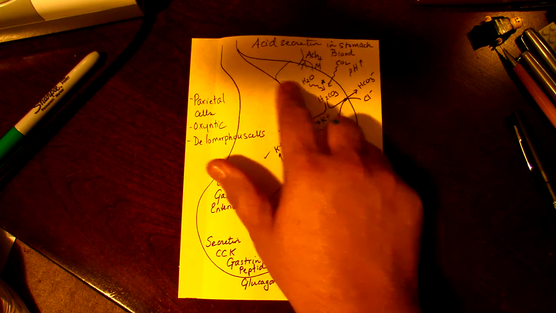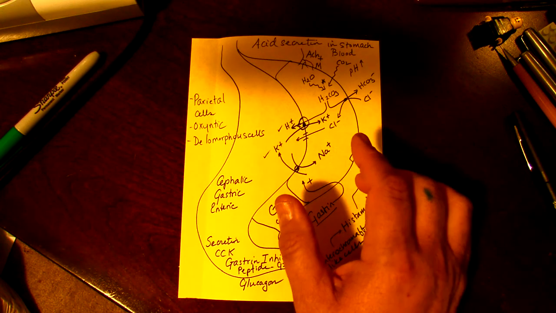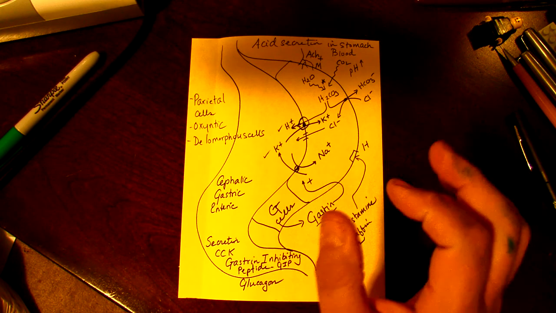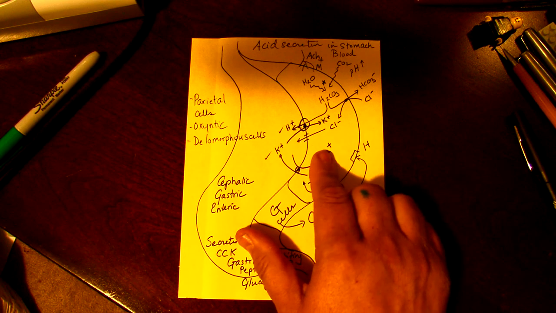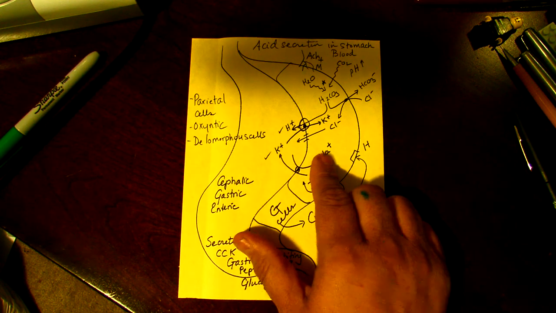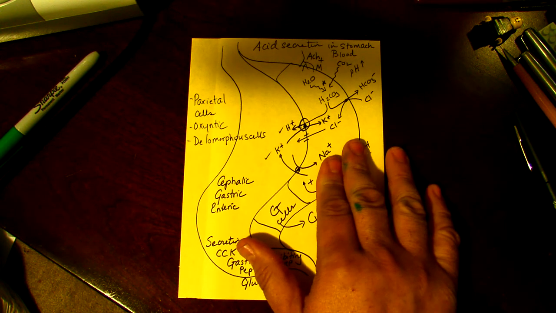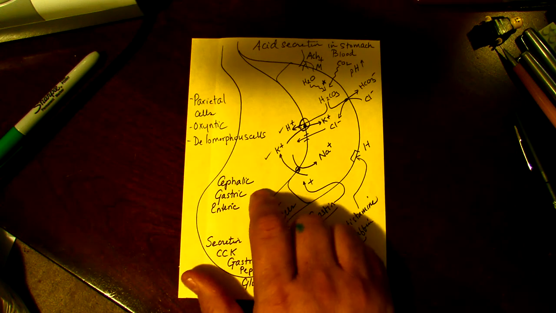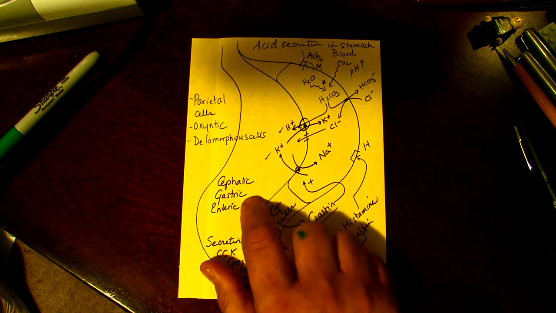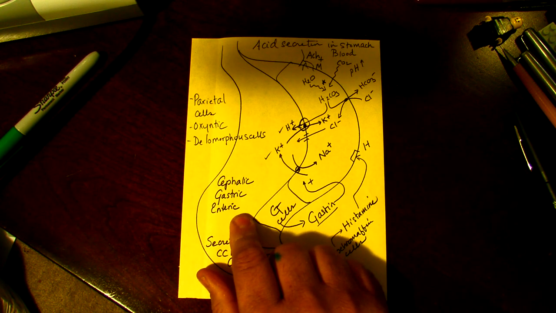They are connected by a lattice of canaliculi, which allow a constant secretion of acid, which is further triggered by the actions of different regions of the body. We say that the stimulation of the acid beyond the normal baseline secretion is said to be from three phases: cephalic, gastric, and enteric phases.